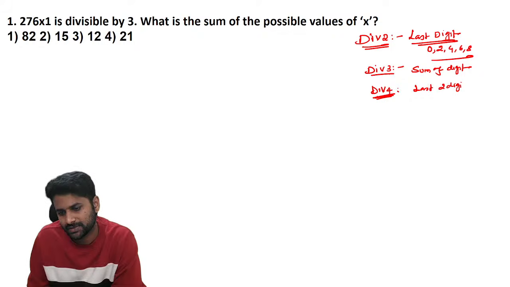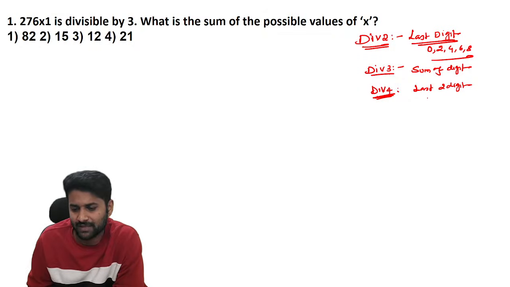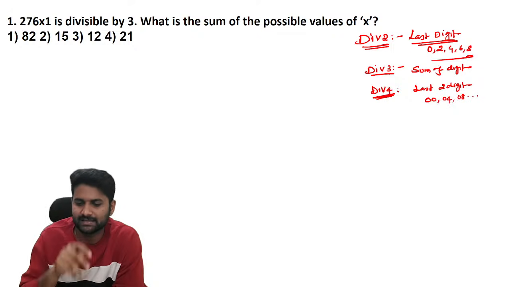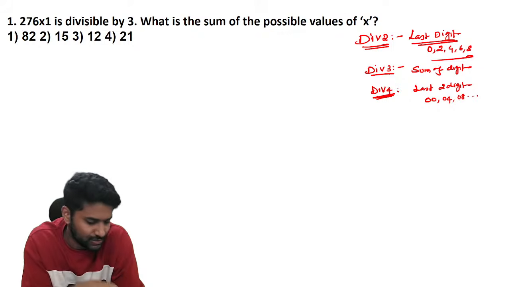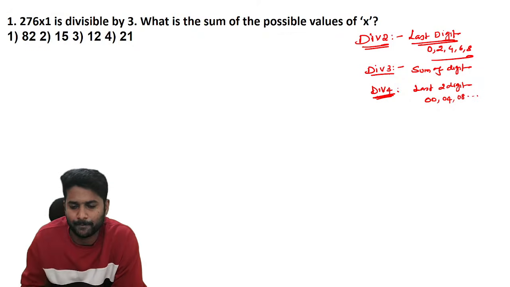If the last two digits are divisible by 4, then the entire number is also divisible by 4. So if the last two digits are 00, 04, 08, and in this way any last two digits are divisible by 4, then the entire number is also divisible by 4.